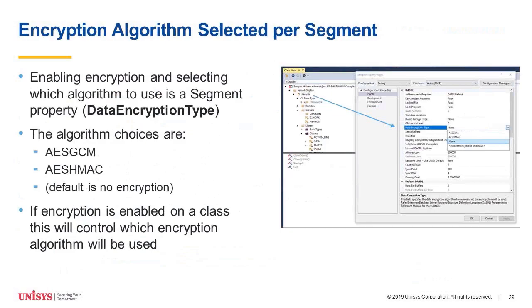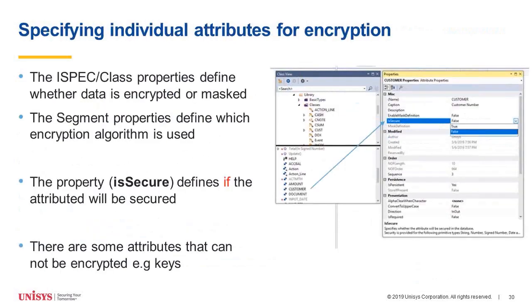The AES-GCM algorithm and the HMAC algorithm are your two choices, or similarly none. That is the segment property, and that controls the type of data encryption that's done with respect to the algorithm. Finally, the individual attributes that we show down here are where you say is secure or is not secure.